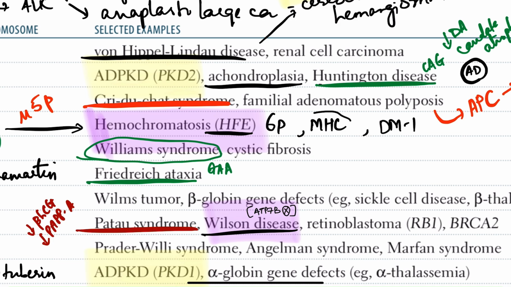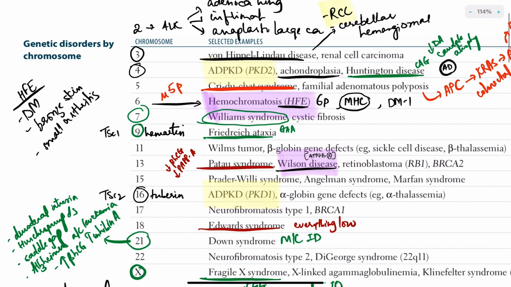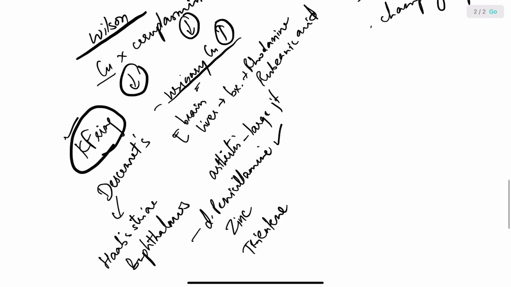So let's finish off major histocompatibility, or MHC. All right, so you have MHC, or major histocompatibility antigen, or HLA antigen. You have two types, type 1 and type 2.